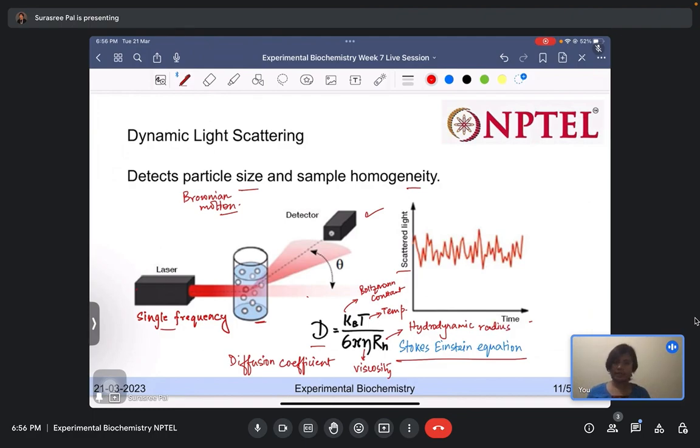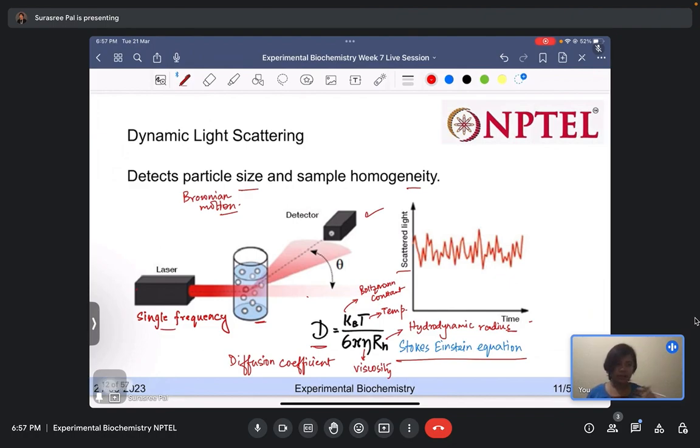So from this dynamic light scattering experiment, we can determine the diffusion coefficient as well as the hydrodynamic radius of the sample. From this DLS experiment, we can also determine the homogeneity of the sample, as well as whether the protein is existing as an oligomer, which we can detect by the size of the particle.